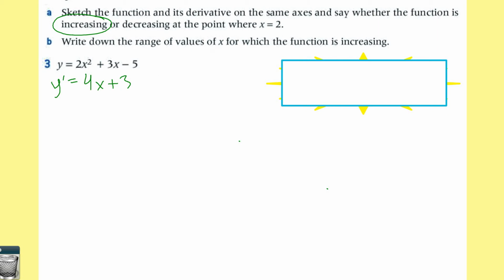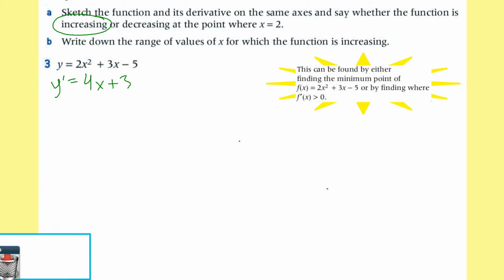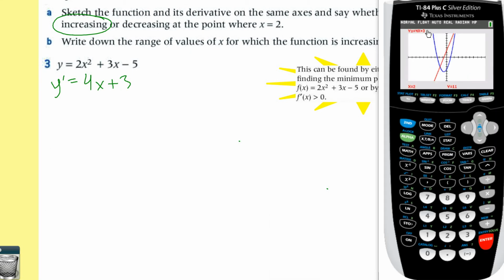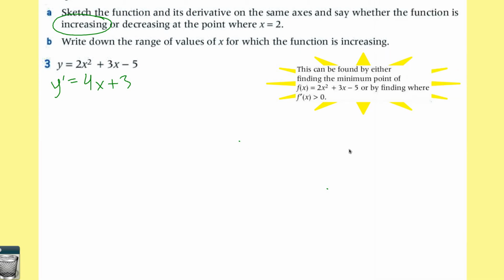There are two ways we can go about this. We can either find the minimum point of our original equation, the blue one. That's the turning point, and all the slope on the right hand side is going to be positive, so increasing. Or we can find where the derivative is just greater than 0.